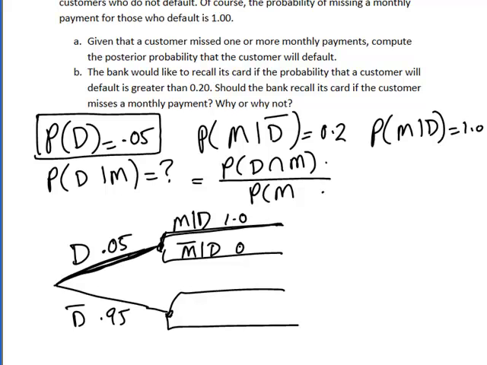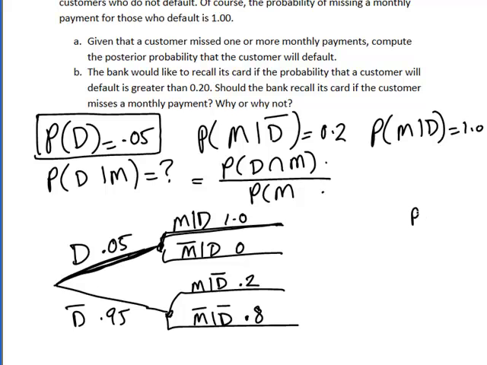Those are complementary to each other. And we also know the probability of M given D bar from the statement of the problem. That's the 0.2 that was given to us. And so M bar given D bar will have to be 0.8.